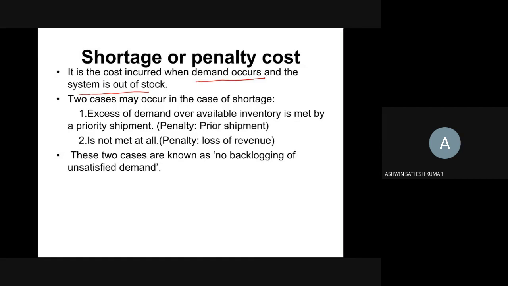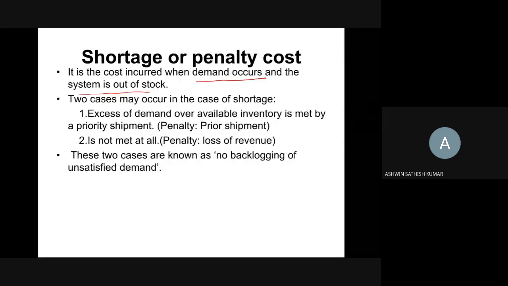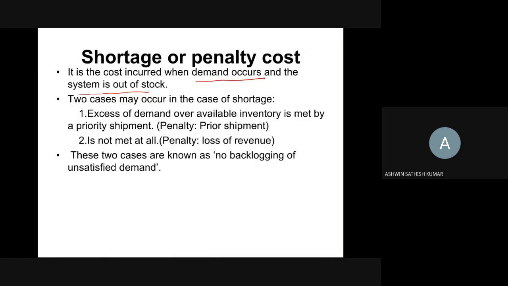It is the cost incurred when demand occurs, there is a demand for the item, and the system is out of stock, meaning you are not able to fulfill the demand. In case of the shortage, two cases occur. Generally, to manage the shortage, what is your experience, what do you do?